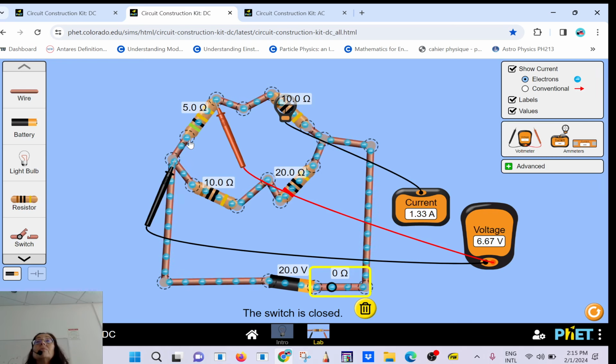I don't think the lab uses an oscilloscope, but if you were to use one, that's what you'd see: the voltage changing with time.